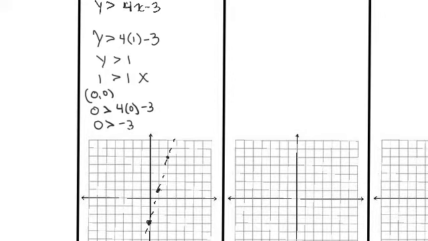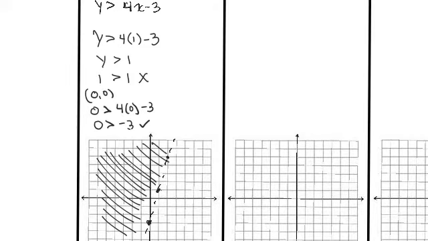Is 0 greater than -3? Yes. So 0, 0 is a solution to this inequality. That means I have to shade the side that includes 0, 0. That's how you solve these. That's how you graph them.